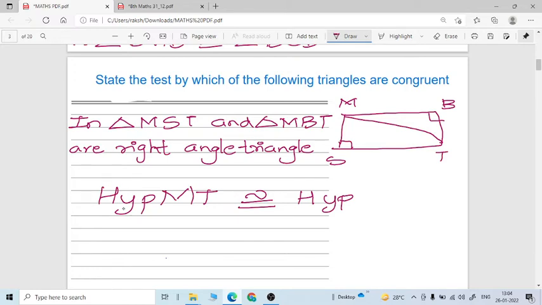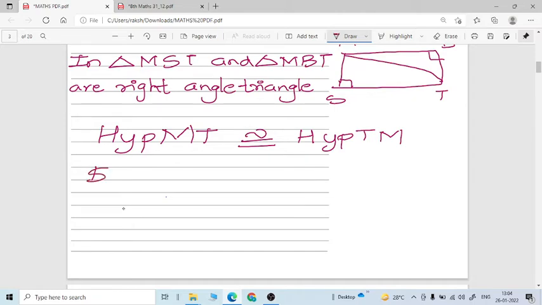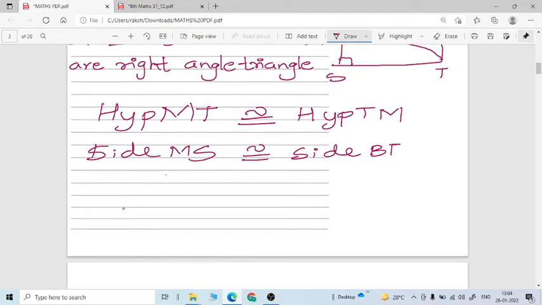That is hypotenuse TM. And one more, they have given in the specified properties, that is side MS is congruent to side BT.